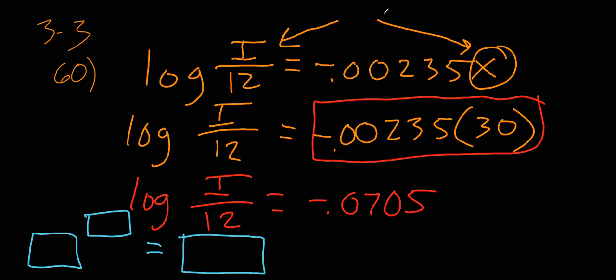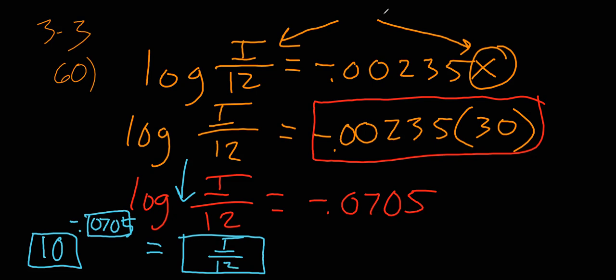No, folks, I don't see a base subscript written there. When you don't... Oh, 10. Oh, good call. 10. What's the exponent? Negative 0.0705. Sorry, I ran out of room to squeeze that in the box. Equals I over 12.